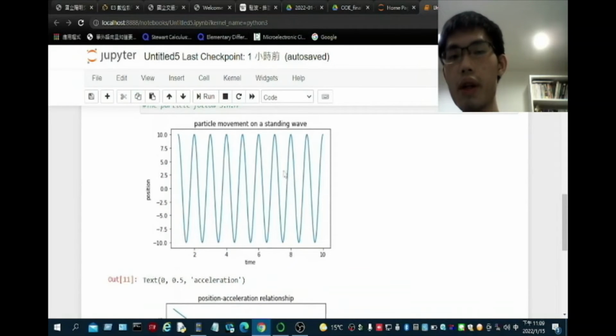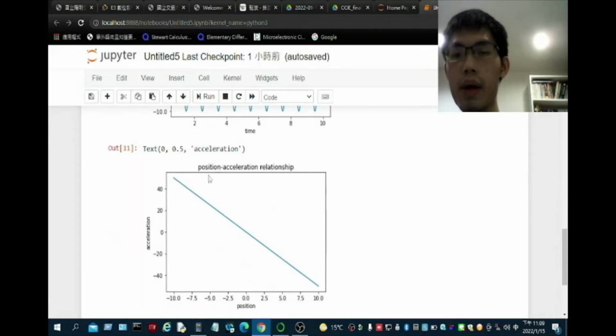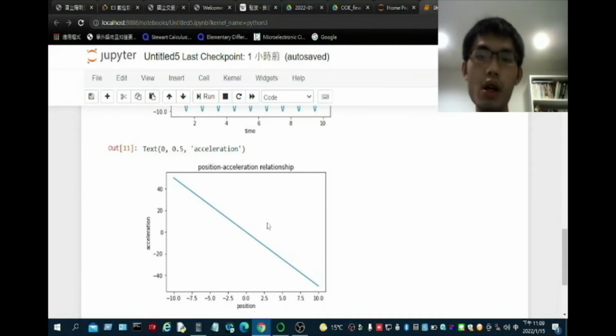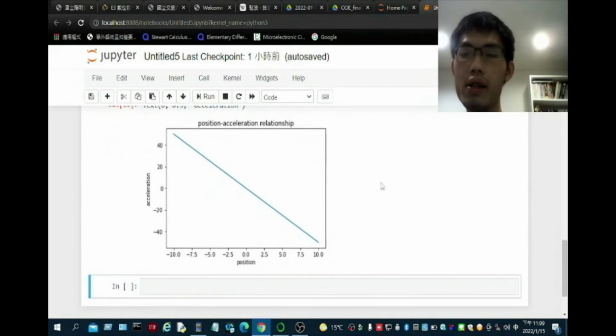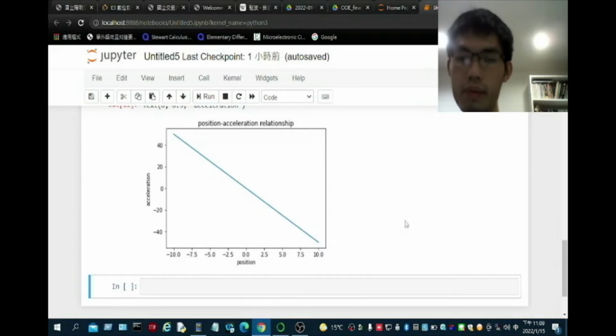And actually it follows simple harmonic motion, as we will see in the position and acceleration relationship. The acceleration of the particle depends on the position where the particle is, and it will be a straight line. So next, Jason will introduce more about our Python simulation.